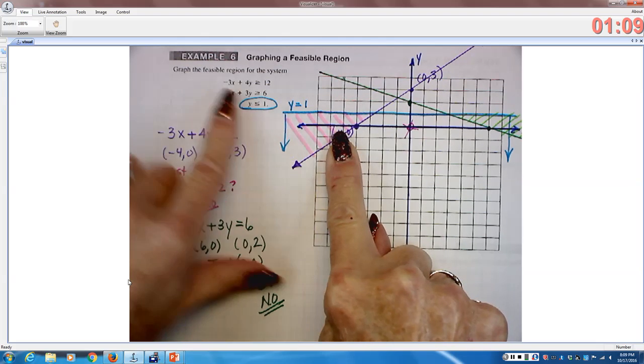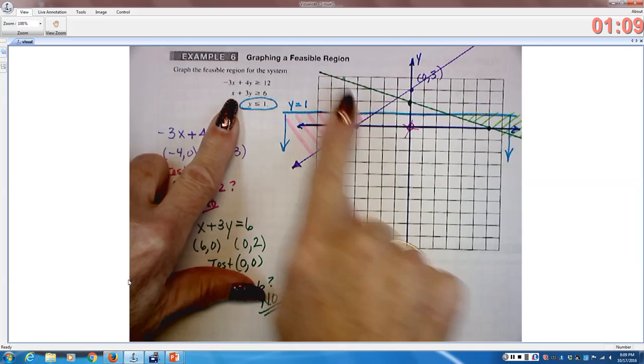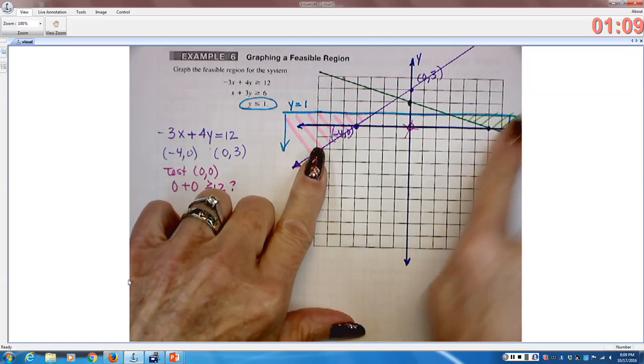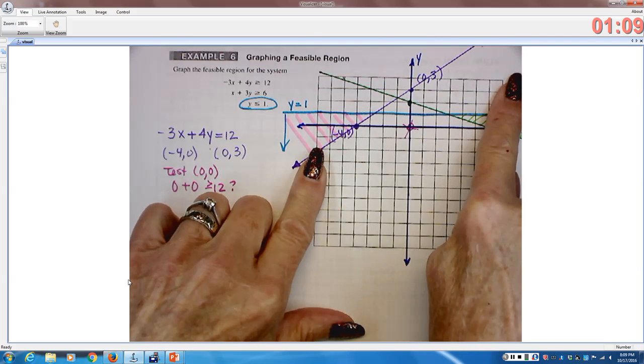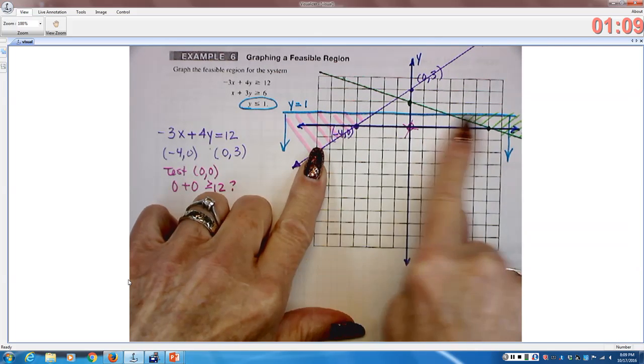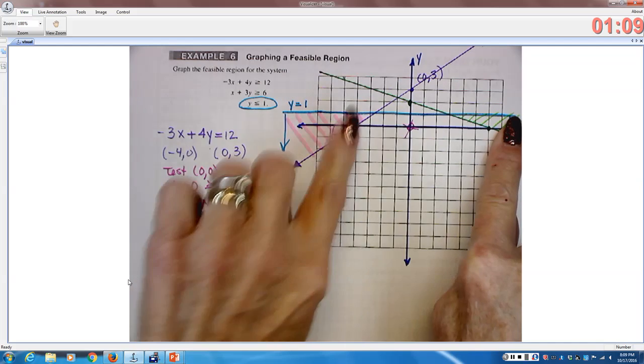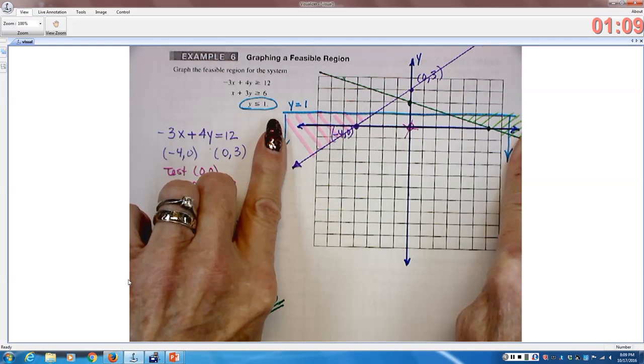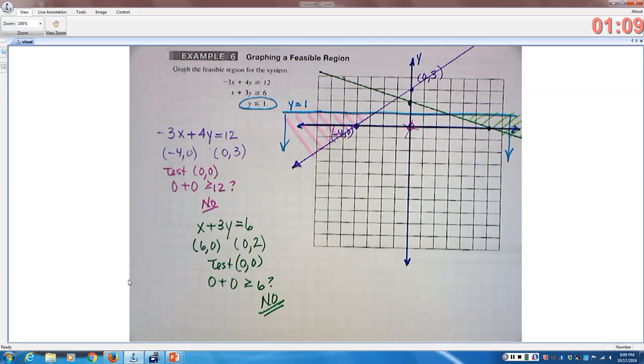But then when you graph x plus 3y equals 6, you also have to shade above that line, but you can only go up to the line y equals 1. So we've got this area, and there is no overlap. So there is no feasible region that satisfies all of the inequalities. If you have no feasible region, don't say, oh my gosh, I've done something wrong. There may be no solution. Okay?